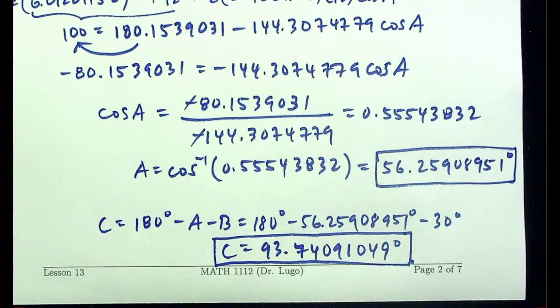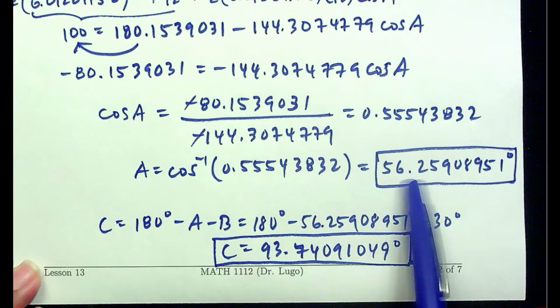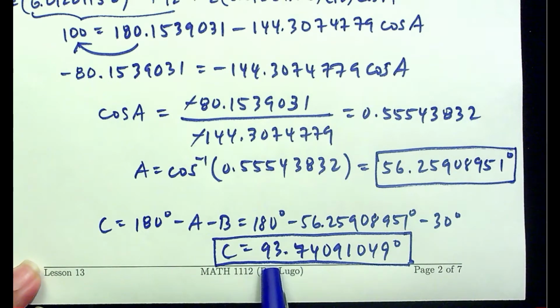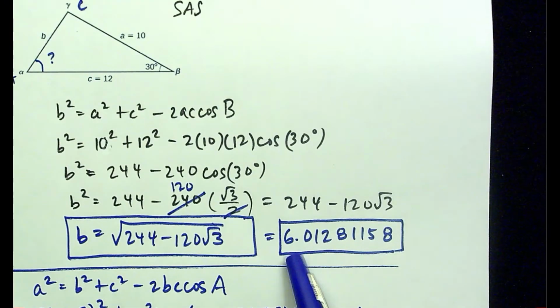Now that we're done, this is the time where you would round your answers right before entering them. If they say round to 3 decimals, you would say this is 56.259, this one will be 93.741, and this one will be 6.013.